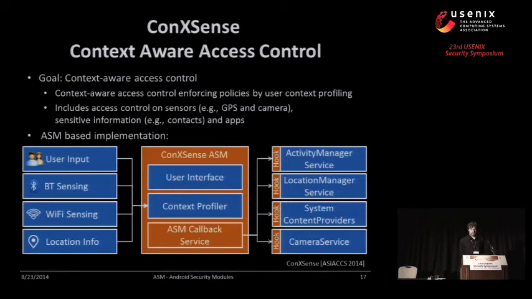And using this callback service, it communicates with the different components deployed on the platform, such as the activity manager service, which is responsible for application interaction, the location manager service, which provides access control for location information, system content providers, and the camera service.